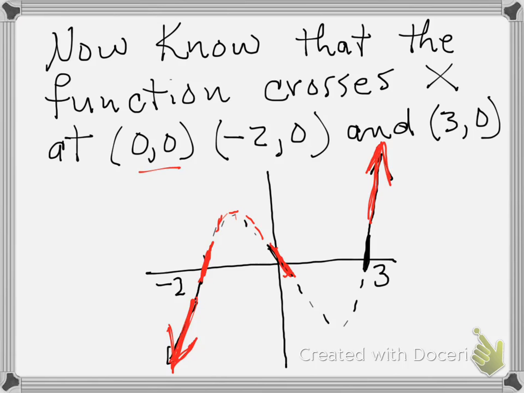Then, because our end behavior is this way, it's got to turn around, and it's got to go through 3 right there. And so we've got a pretty good sketch of what that graph is. We're missing some detail in these two areas, but that's okay. At least we have a general idea what it's like, and of course we can use technology, go back and fill in some of those missing pieces.